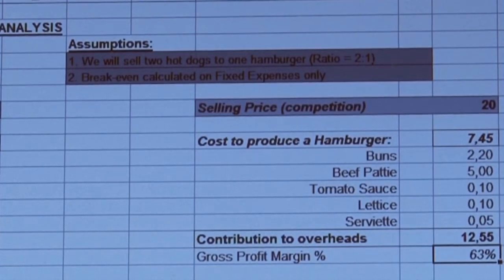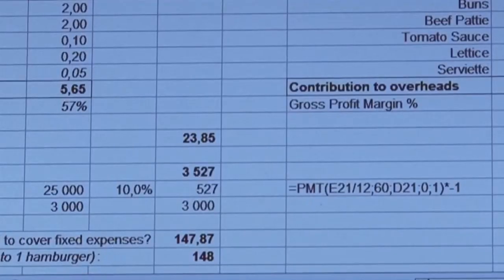So, bear in mind, we do sell 2 hot dogs to 1 hamburger. Okay, so let's call this 2 hot dogs to 1 hamburger our sales mix. So if you have a look here, our sales mix and what the contribution to fixed expenses, or in the other case overheads, it's the same thing really. So if we look at it, it's 23 Rand 85. What does that mean?